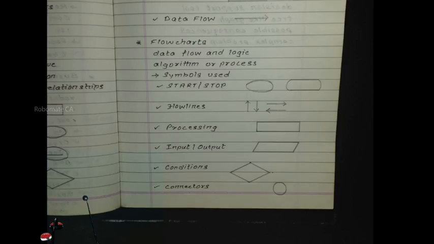So the process which will give me the result will have decision boxes. Decision number 1: is marks 1 greater than or equal to 35? Decision number 2: is marks 2 greater than or equal to 35? Decision number 3: is marks 3 greater than or equal to 35?